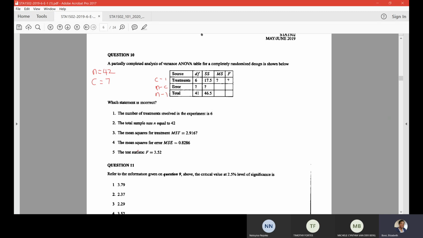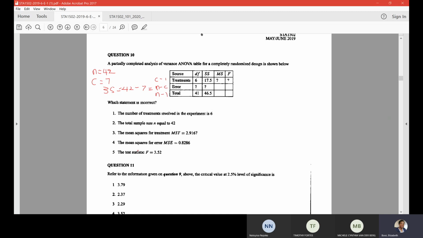So C was 7. Since C is 7 and N is 42, the degrees of freedom for error will be 42 minus 7, which equals 35.